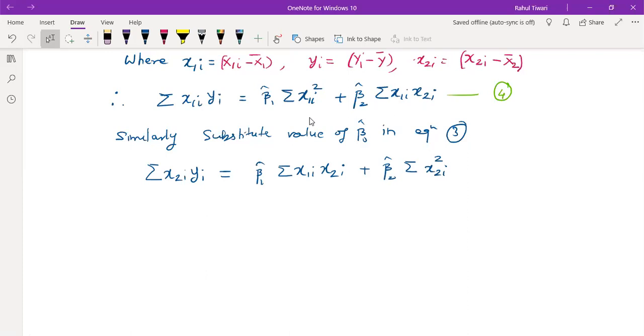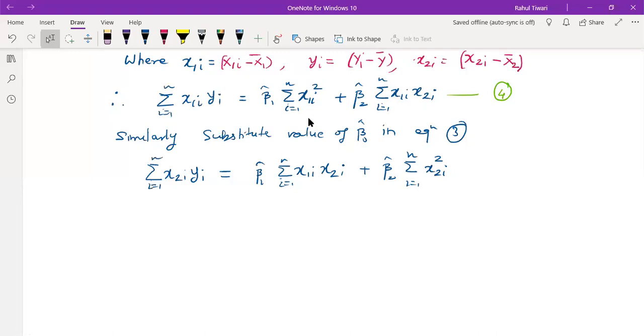So this is going to be the expression. Let me check this expression. So summation x1i summation x2i plus beta 2 hat summation x2i square. Okay, fine. And i is running from 1 to n. Similarly here also i is running from 1 to n. Everywhere we are putting i running from 1 to n.